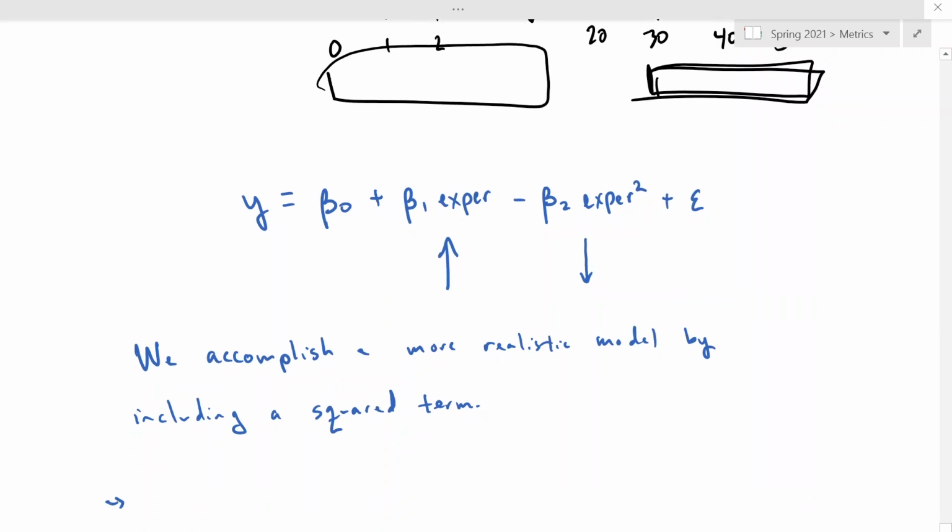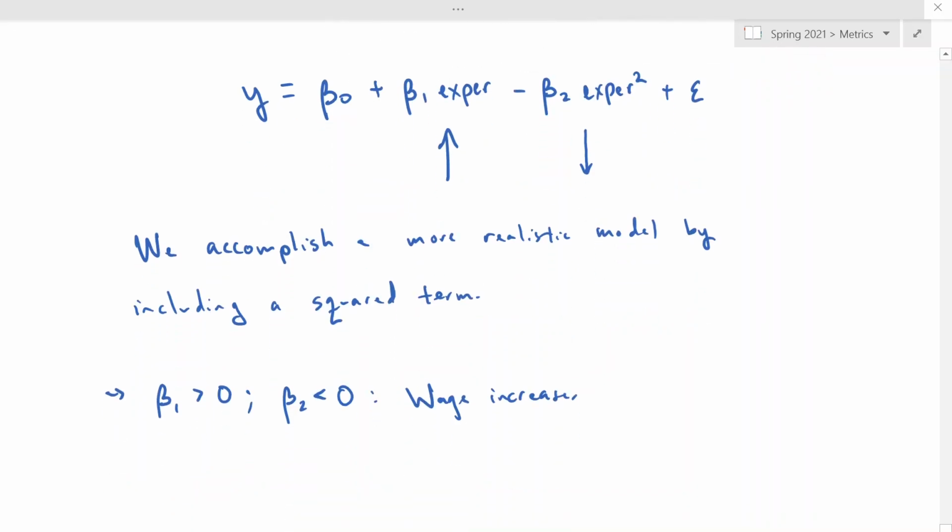What this is also saying is that beta 1 is going to be greater than 0. Beta 2 is going to be less than 0. That's going to say as experience increases, wage increases with experience, but at a decreasing rate.